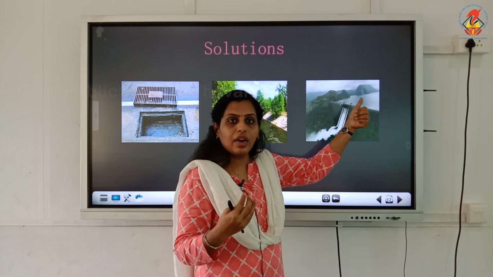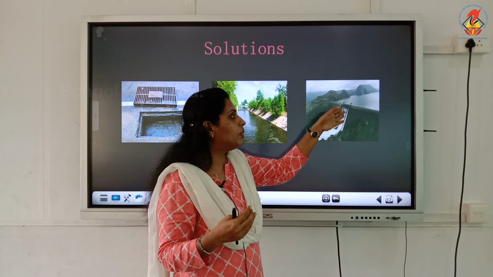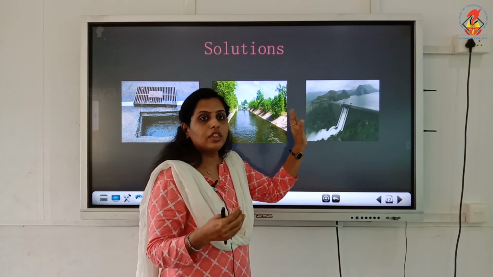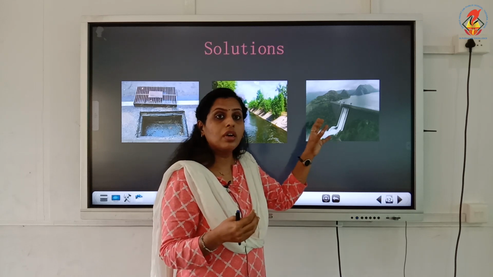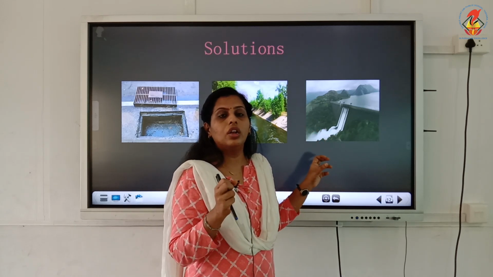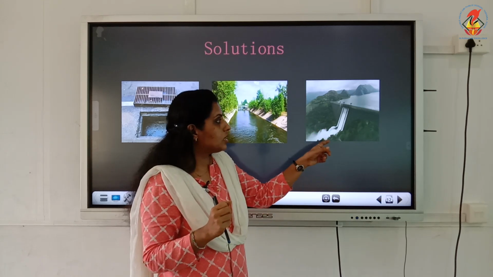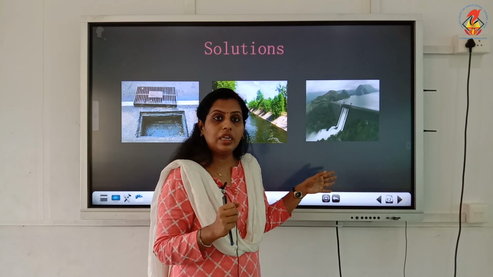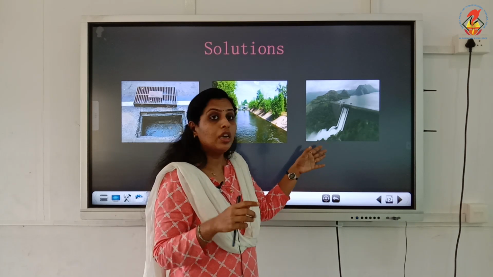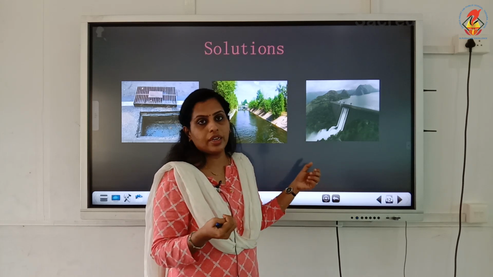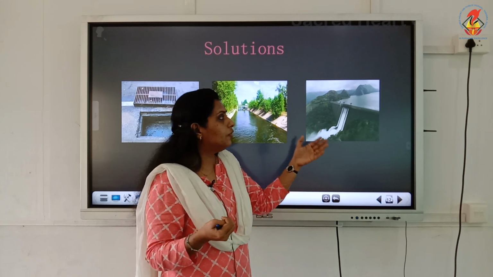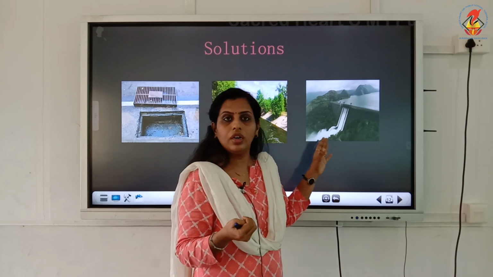And when the areas need water, they will open the shutters and let the water flow out. So this dam controls the flood a lot. That is why a dam is a multi-purpose project. From a dam, you can generate electricity and you can control flood. So there are different uses for the dam.